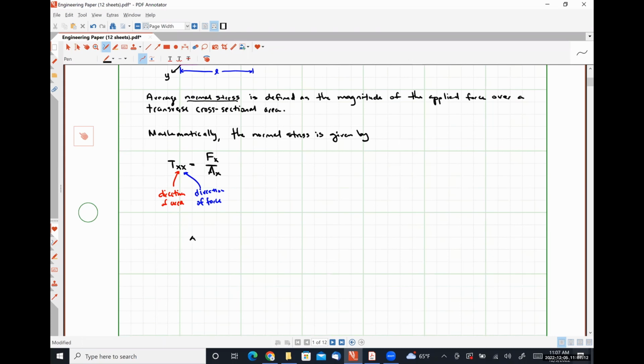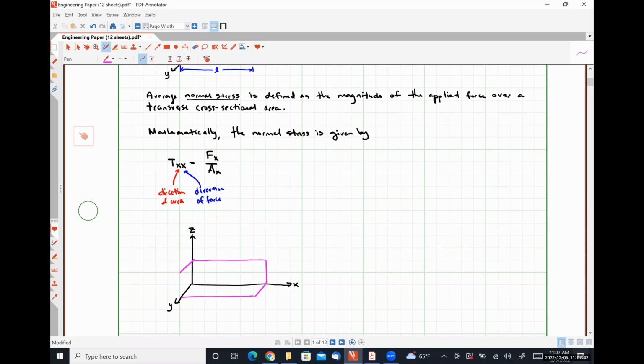Okay. So here's my Z direction. That line isn't straight enough for me. X, Y, like so, same dimensions, which I did in blue.